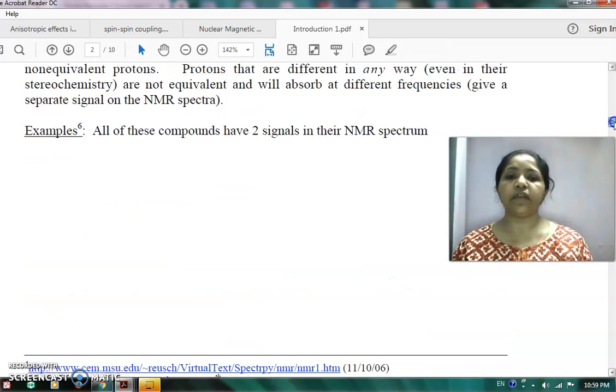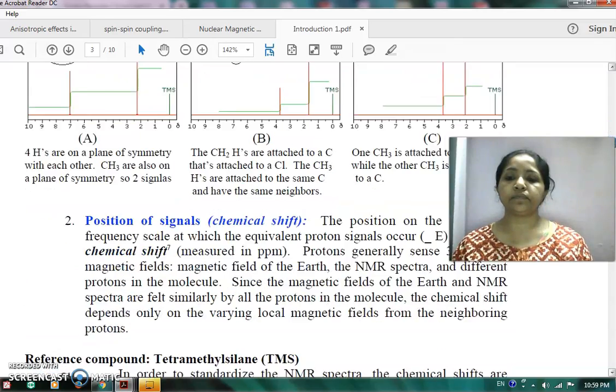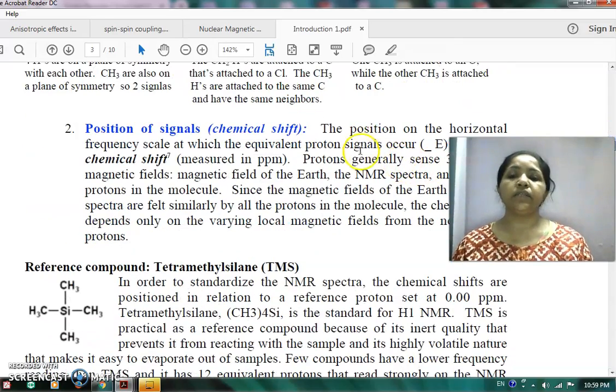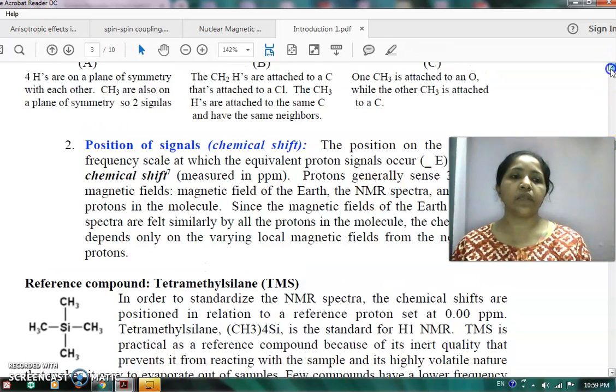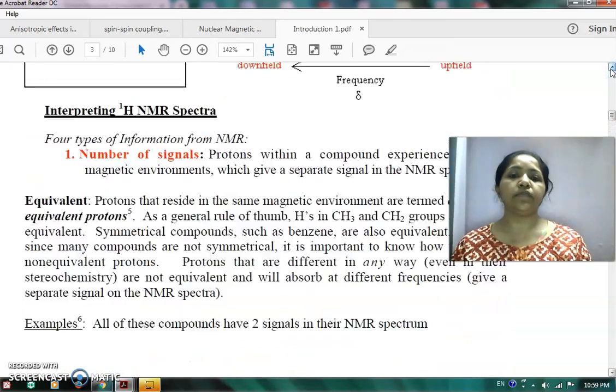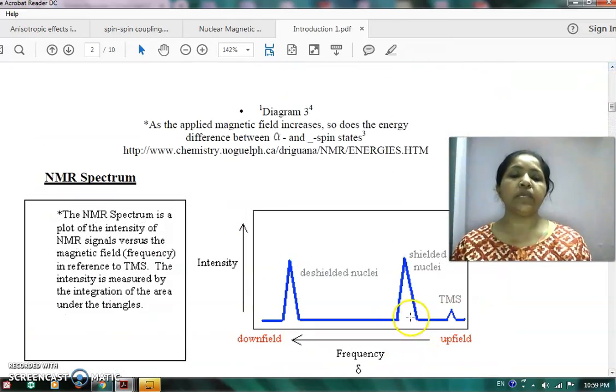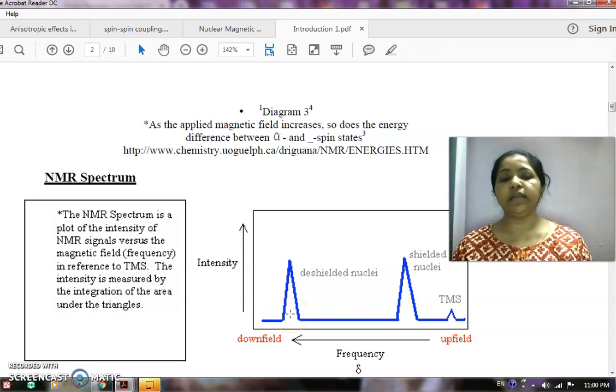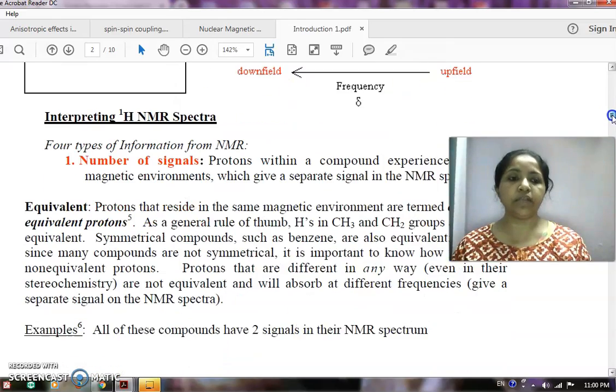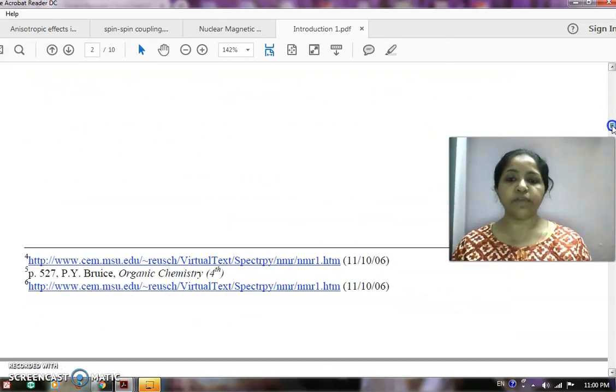The second information is the position. Based on this graph, if you see the position, there are two types of position. Here one is close, so it is in the upfield, so it is much shielded by the electrons, and the other is much de-shielded, because of which it requires more energy to flip the nuclei from upspin to downspin.